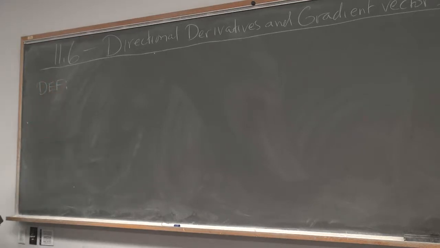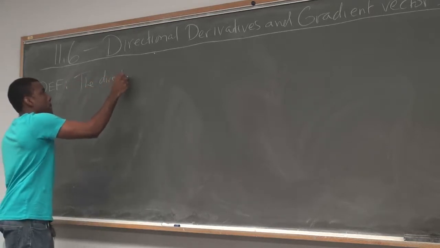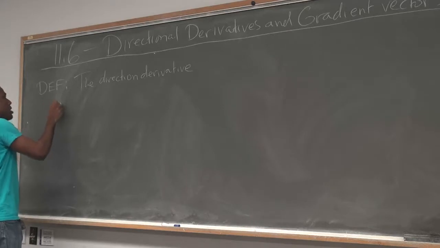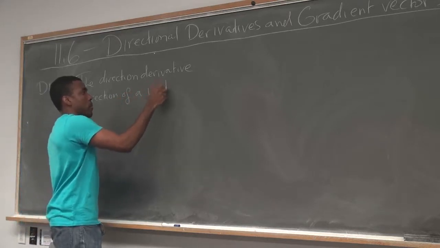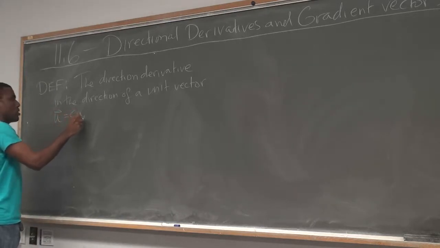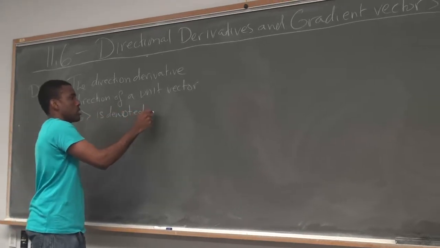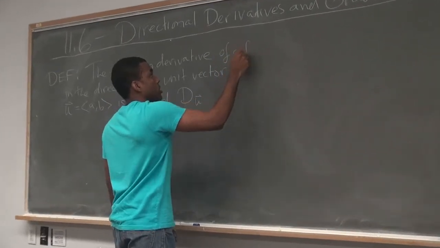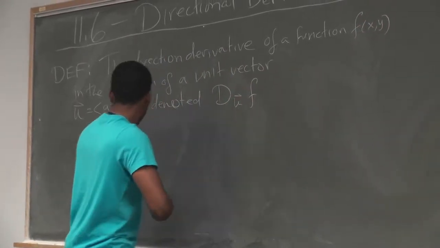Now, it's defined in the following way. The directional derivative in the direction of a unit vector u = <a, b> is denoted D_u f, the derivative of a function f(x, y).